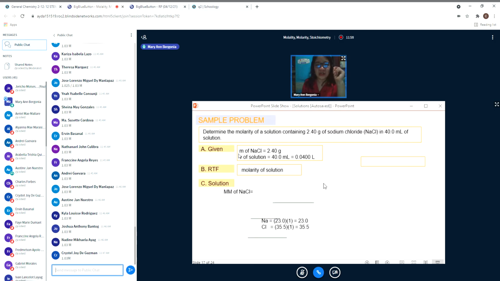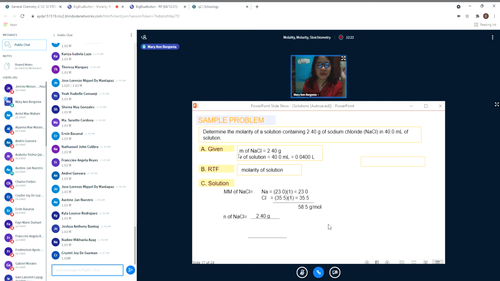So during the conversion, nakuha natin 0.0400 liters. And then we have here 23.0 multiplied by 1, we have 23.0, and 35.5 multiplied by 1, we have 35.5. That will give us an answer of 58.5 gram per mole for our sodium chloride.